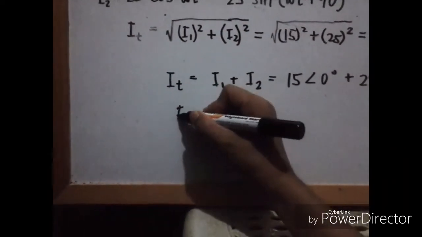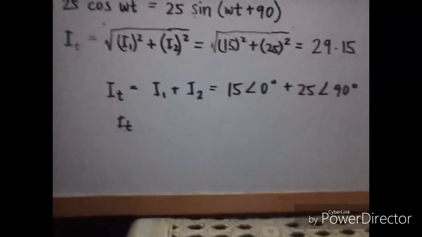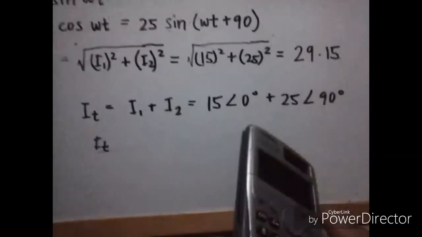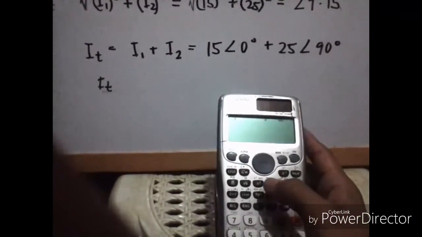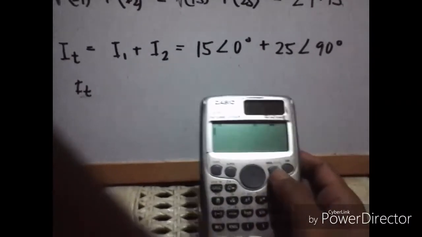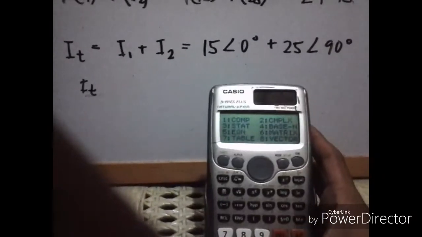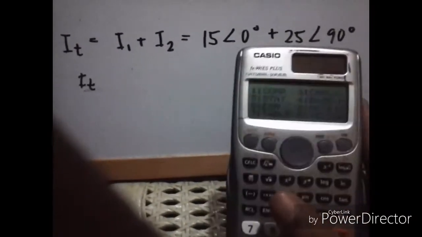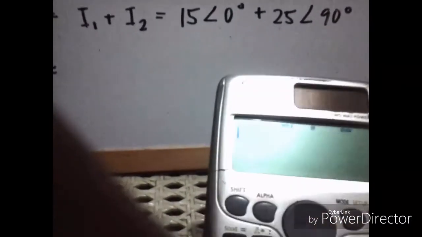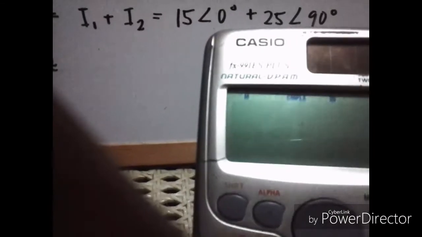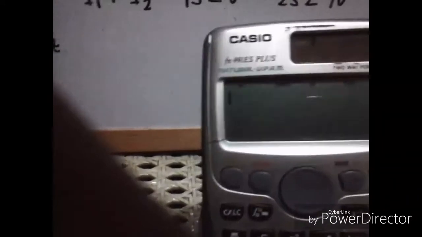How do we do that? Okay, here we go with the calculator. First, change the mode to complex mode. Now as you can see, there's a complex word at the upper corner of the calculator.